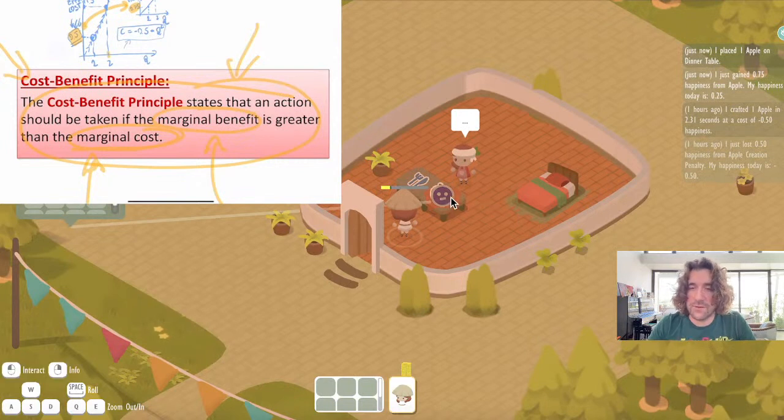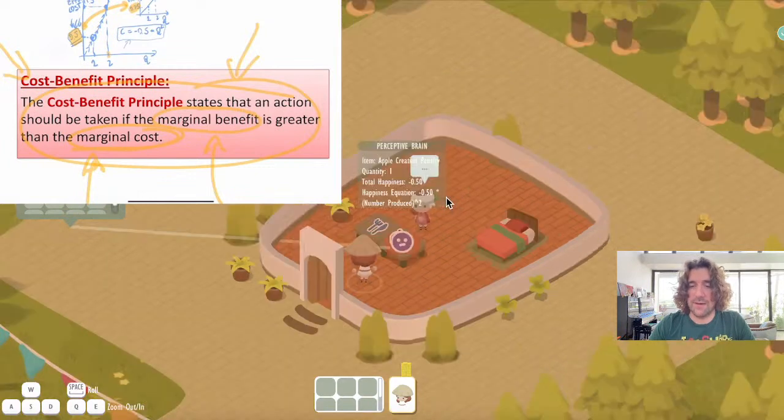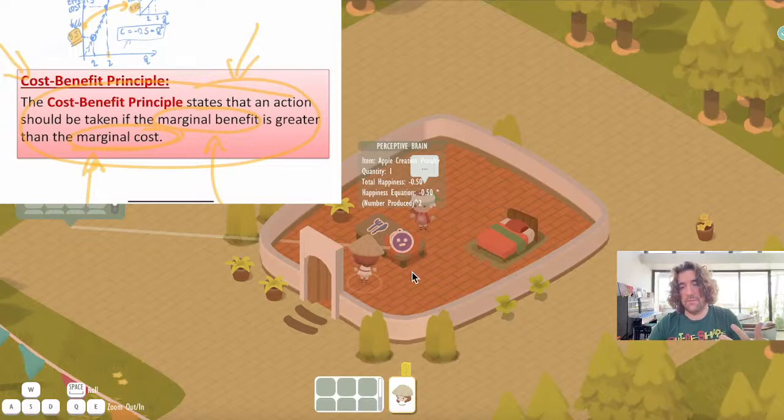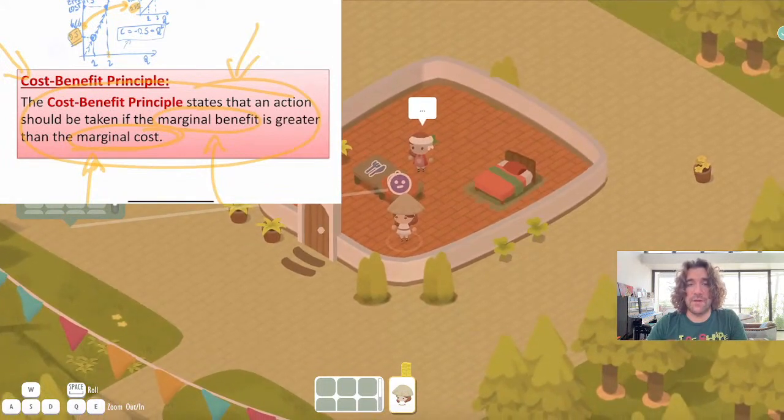On the table you can see everything that affects my happiness during the day, the apple that I placed, but also the effort cost that I had to pay to produce that apple. And then again, you can speed up time to finish the day, or you can press the end scenario button here when you are satisfied that you have done everything that you wanted to do in the level.